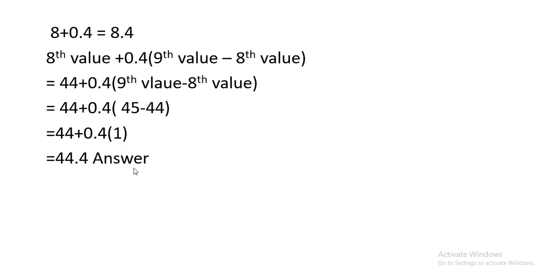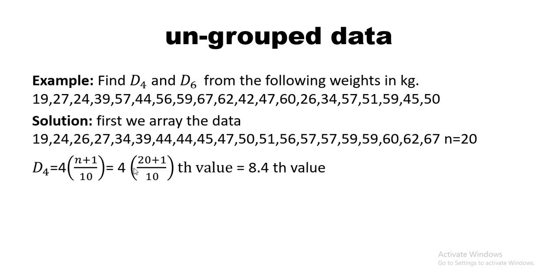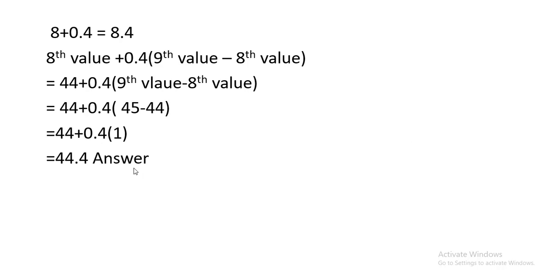This particular thing is not only restricted to deciles, you can use these steps for quartiles as well. Whenever the position is defined in decimals and you're asked to find out decimal point positions, you can use this method to find out the exact position of your quartile or your deciles. So in this case we were asked for the fourth decile, so the fourth decile value is 44.4.